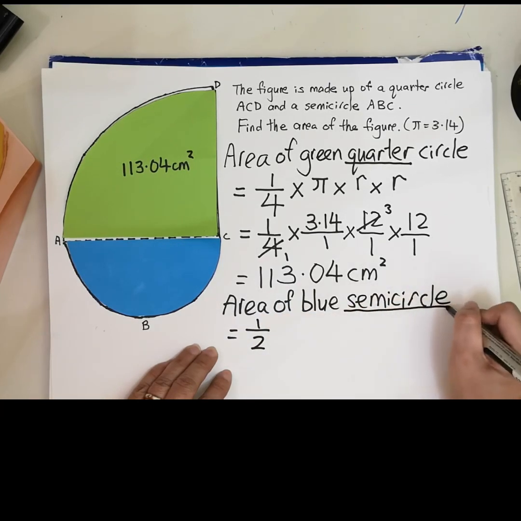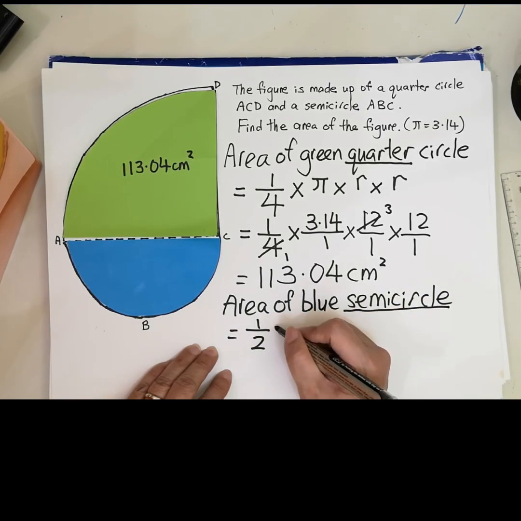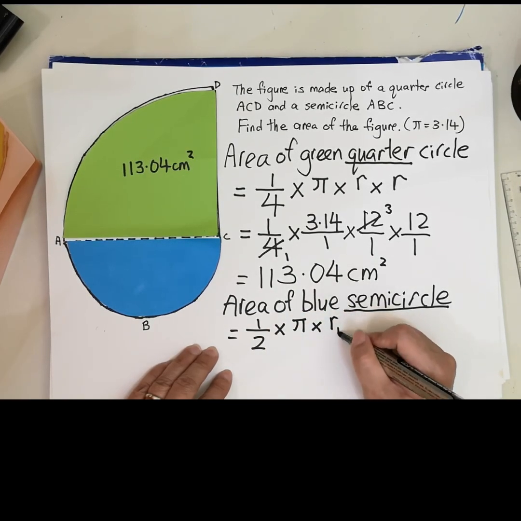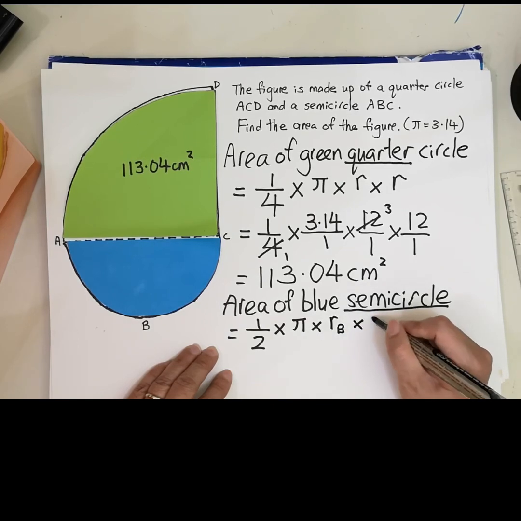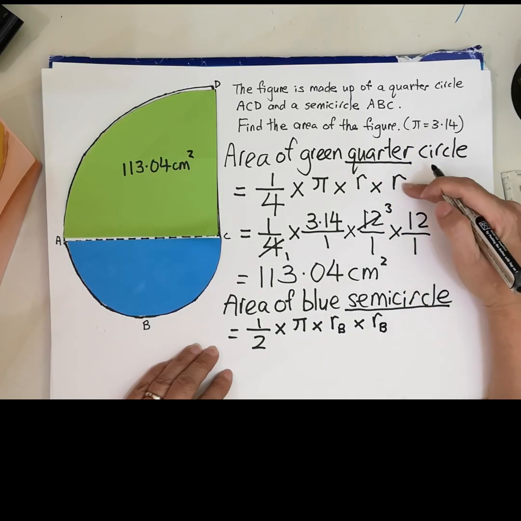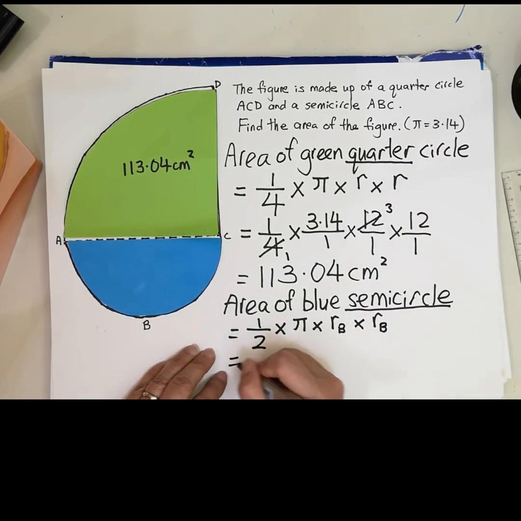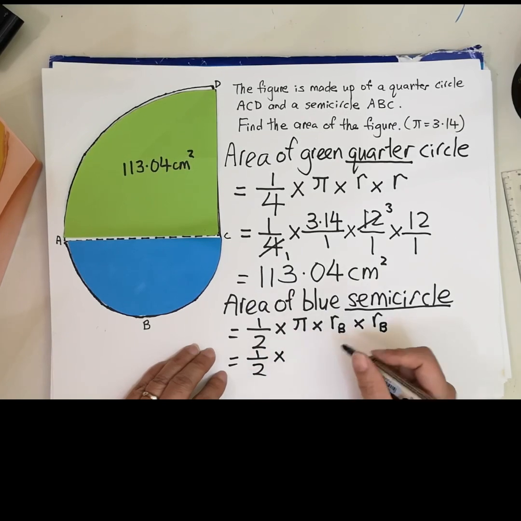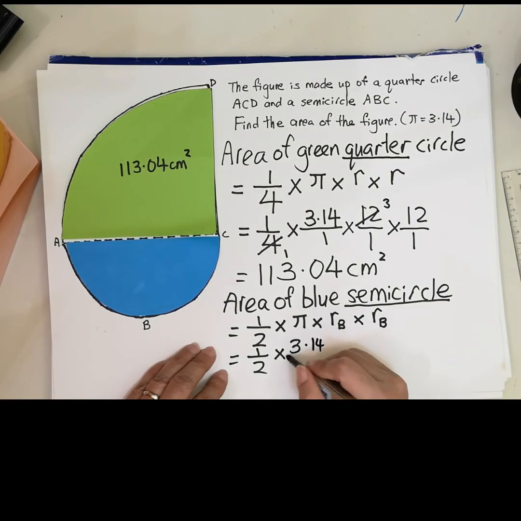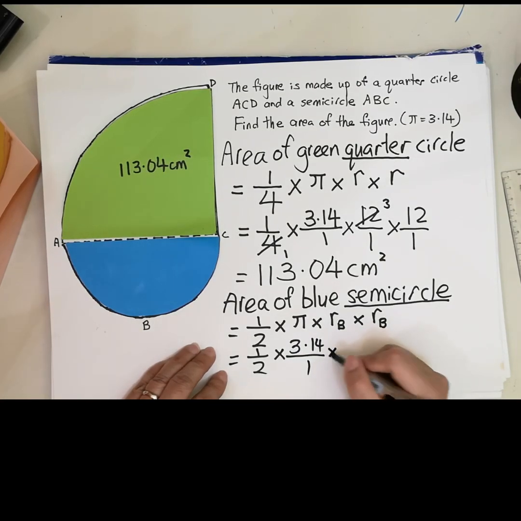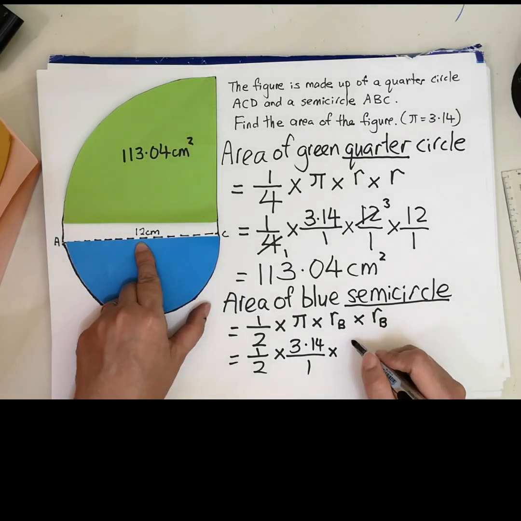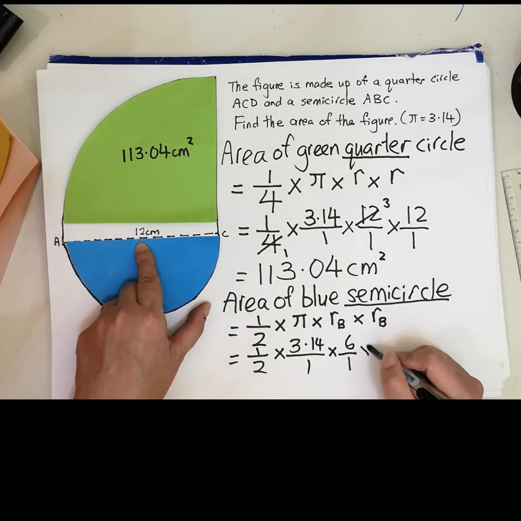We are talking about a semicircle here, so the fraction in our formula will be half multiplied by pi multiplied by radius of the blue semicircle multiplied by radius of the blue semicircle. This is to differentiate from the radius here. So it will be half multiplied by 3.14 multiplied by, if we look at the blue semicircle, the diameter is 12 centimeter. That means the radius will be 6.